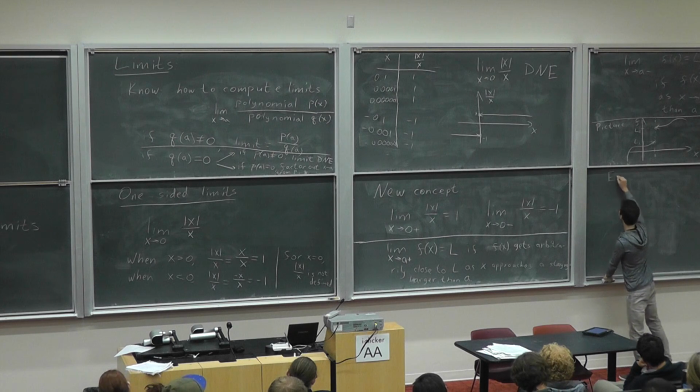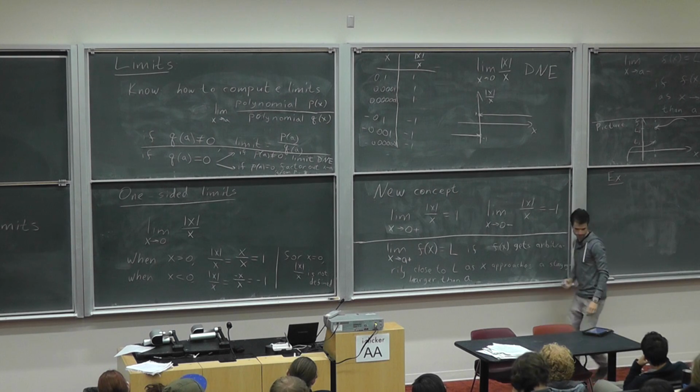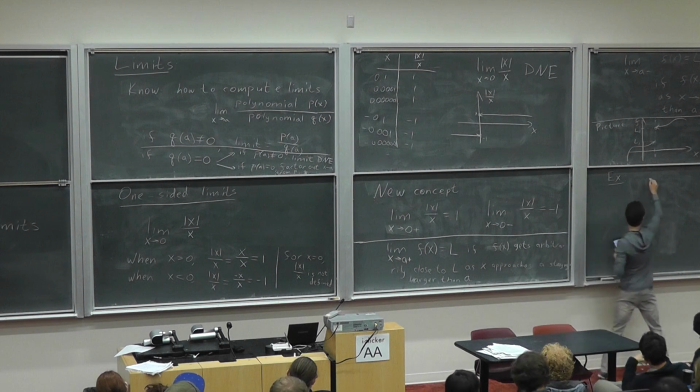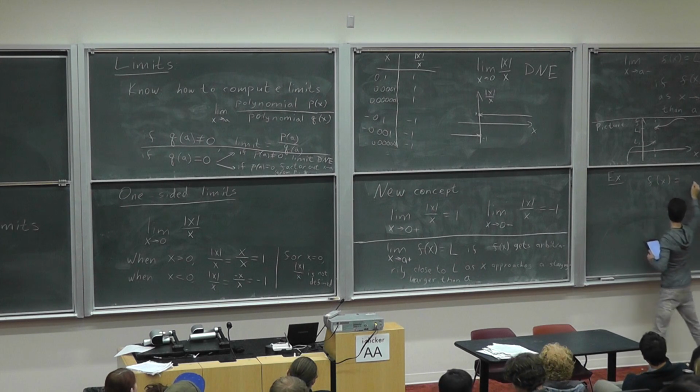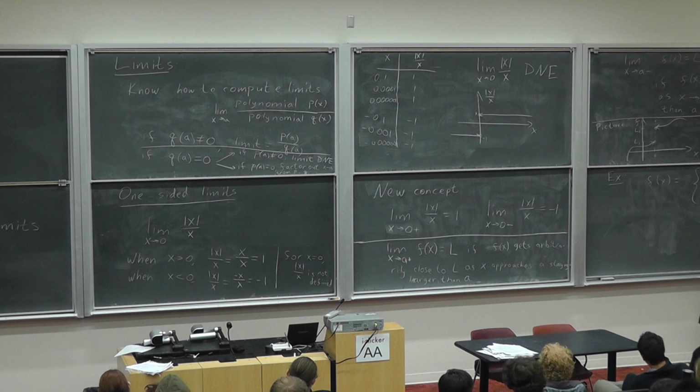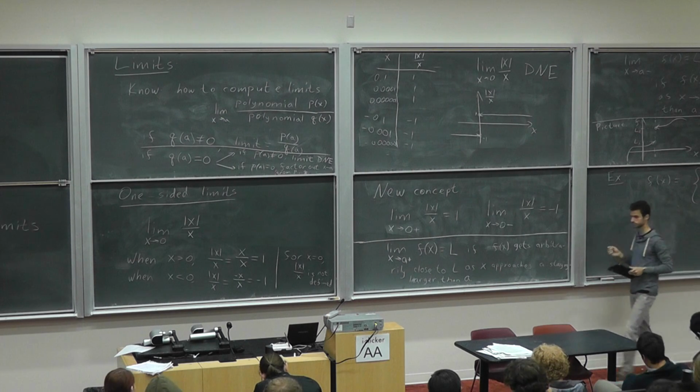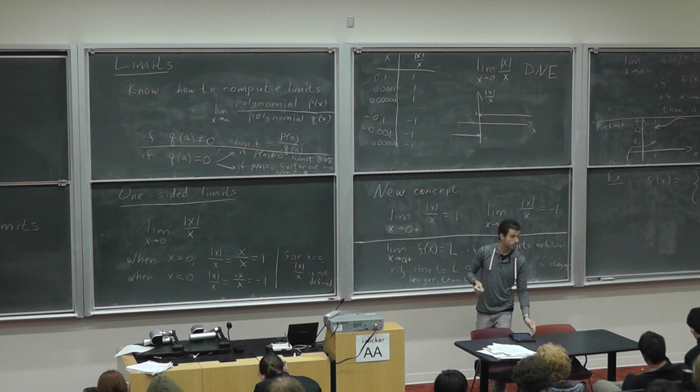So now let's have an example. The function is going to be one of those functions which is defined by cases. So it's going to be x squared when x is greater than minus 1, and absolute value of x minus 2 when x is smaller than minus 1.